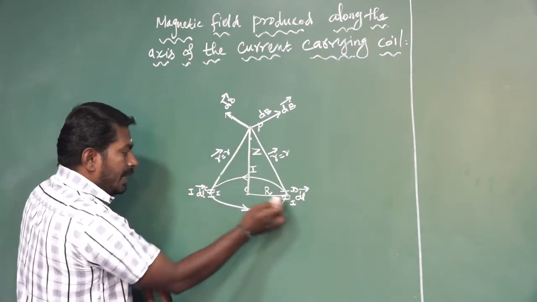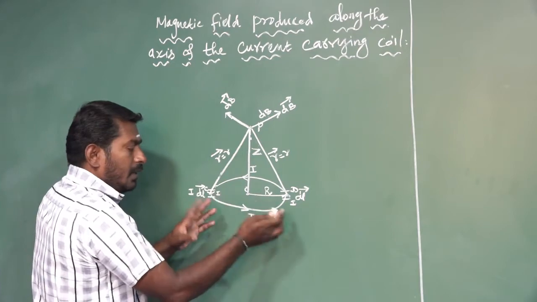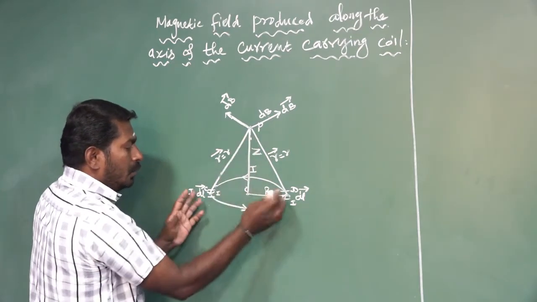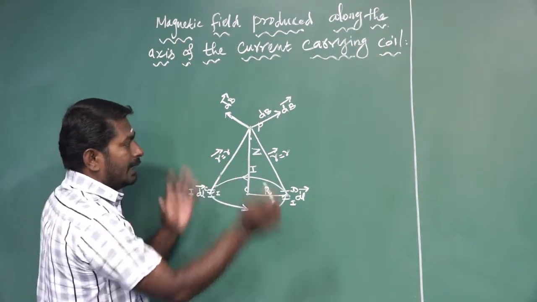Both current elements carry the same magnitude of current, but the current flows in opposite directions. That's why at point P both current elements produce the same magnitude of magnetic induction but acting in opposite directions.